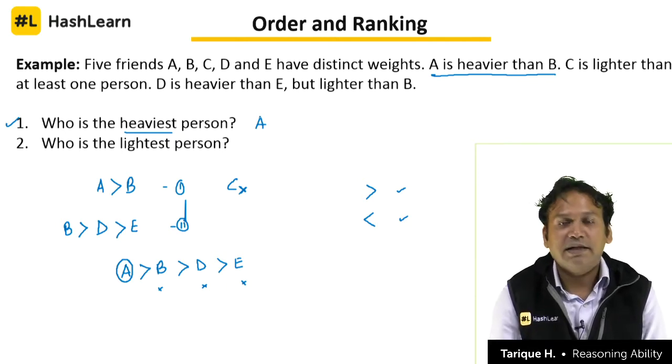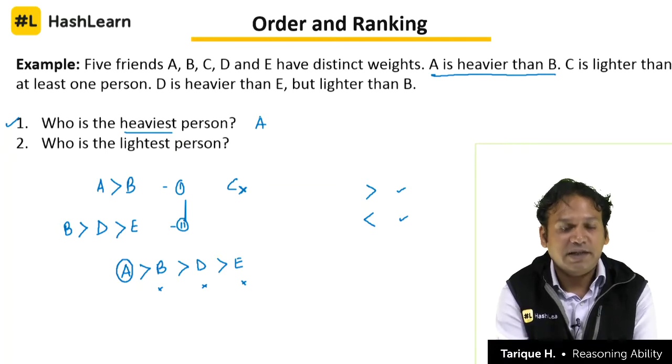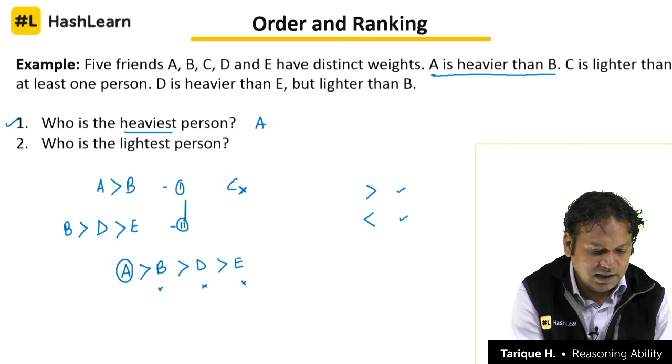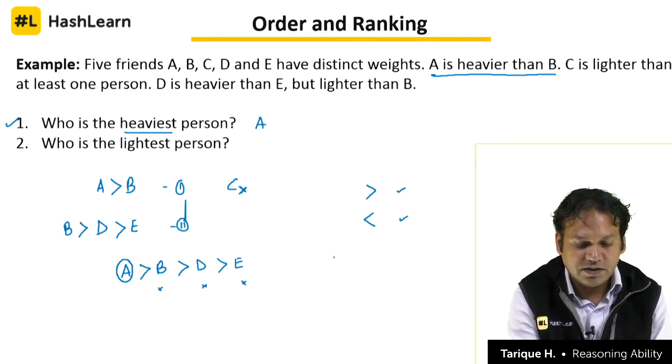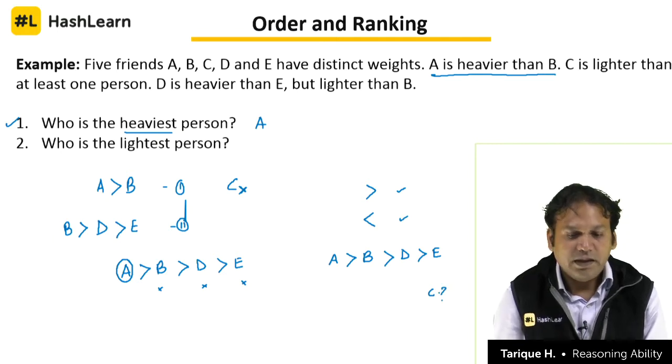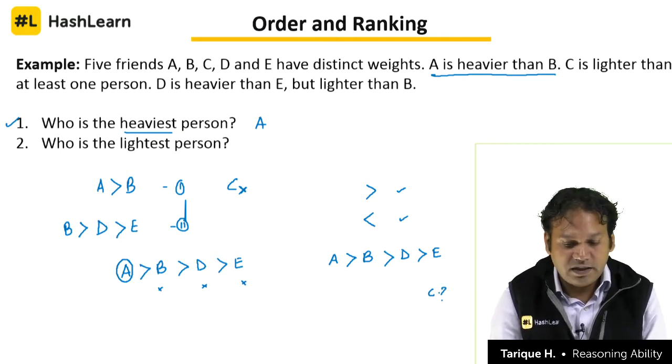Now who is the lightest person? What can we say about this? We know A is heavier than B, B is heavier than D. This is given to us. A is heavier than B, B is heavier than D and D is heavier than E. But what about C? C is lighter than at least one person.